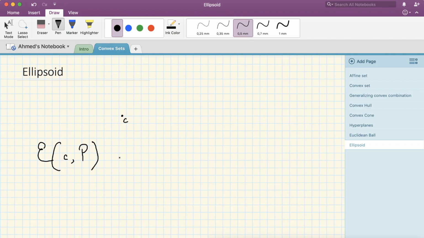And not just any matrix P. This matrix P should be able to measure. So matrices that are able to report measurements are symmetric positive definite matrices. So here P should belong in the set of symmetric positive definite matrices, which is usually denoted as S++.